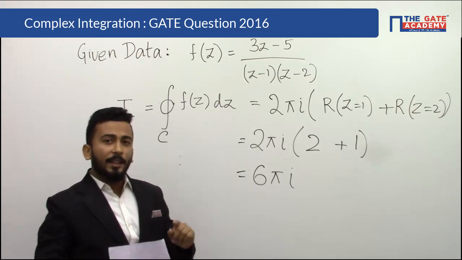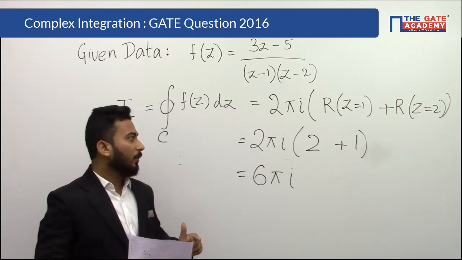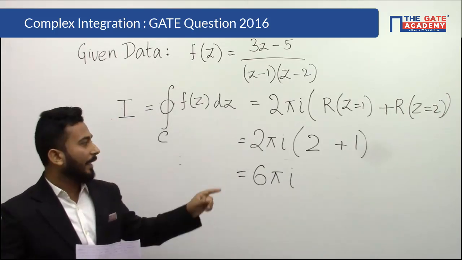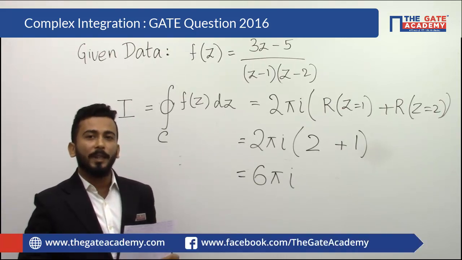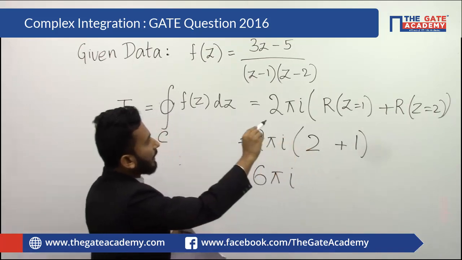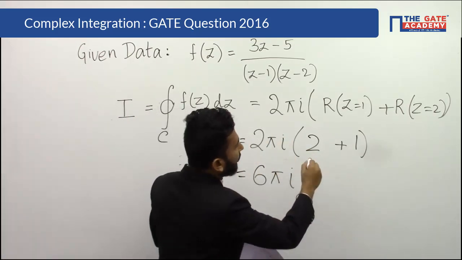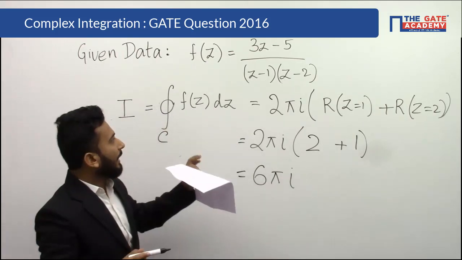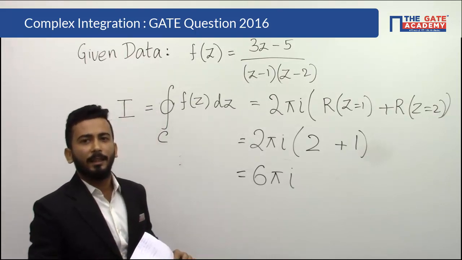Now, in the question it is given that the integration answer was 4 pi i. It is coming out to be 6 pi i. So what could be the twist here? The twist is when we calculate the integration at individual residue values.